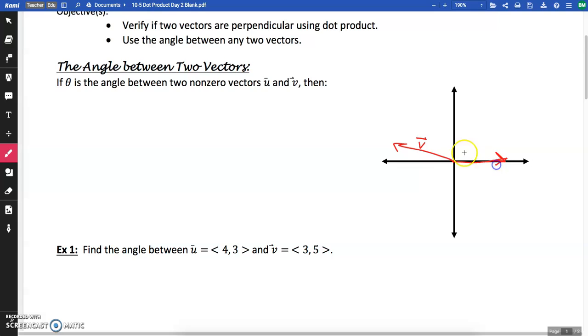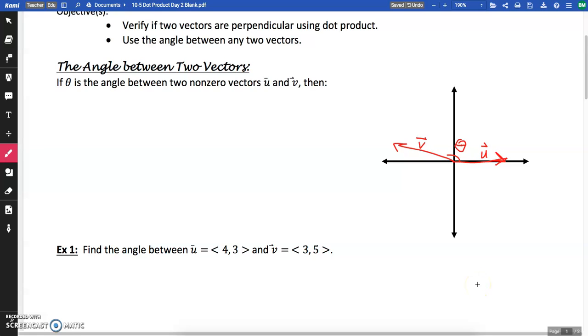That's terrible. I can use this formula to figure out the angle between them. So here's theta. Clearly that's not 90 degrees, so this formula will help me figure out what that angle measure actually is. And the vectors don't have to be on the x-axis. They can be anywhere, but that's just an example.